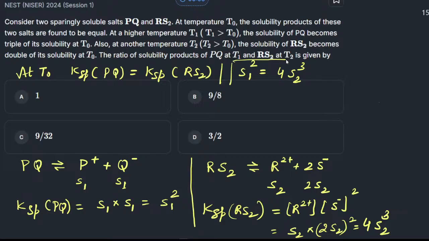From this first relation, we have a relation between S1 and S2: S1 square is equal to 4S2 cube. Now at a higher temperature T1, greater than T0, the solubility of PQ becomes triple of its solubility at T0.